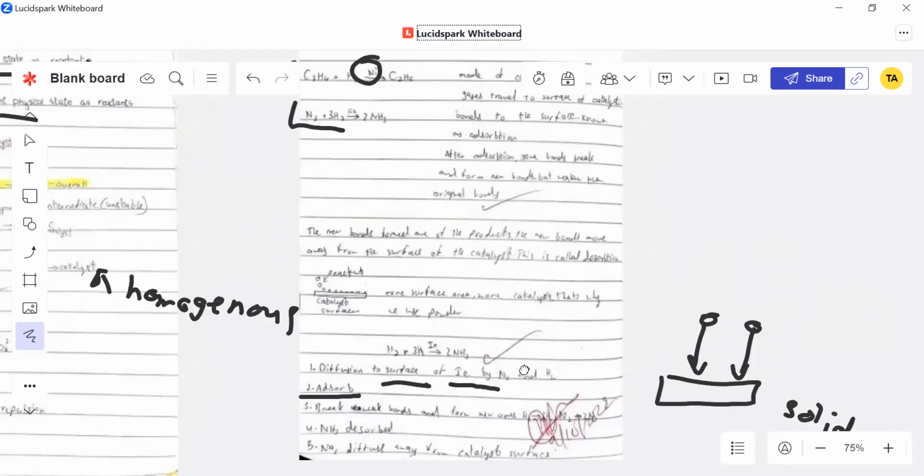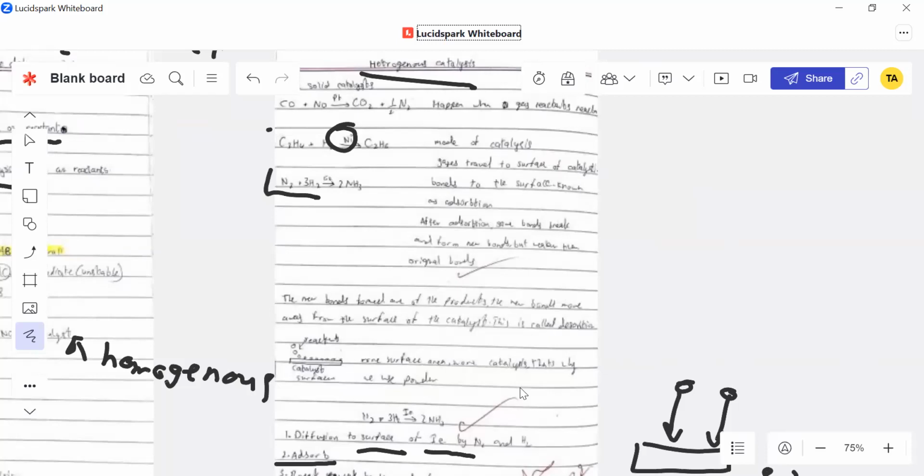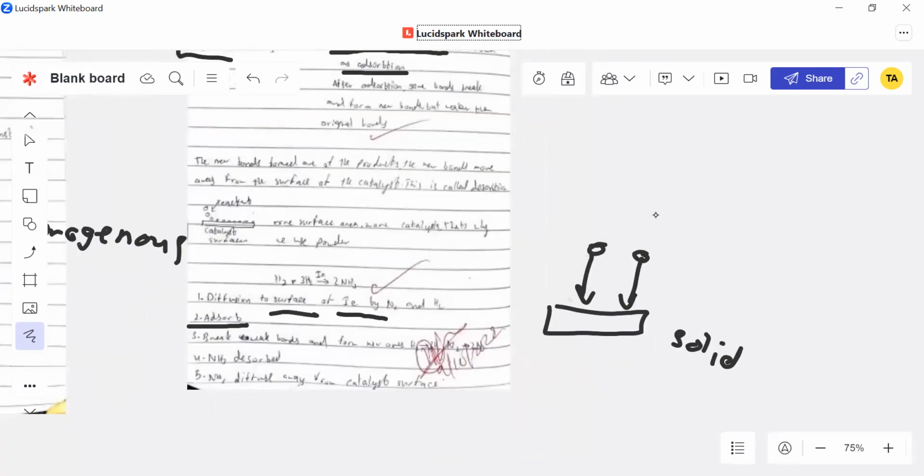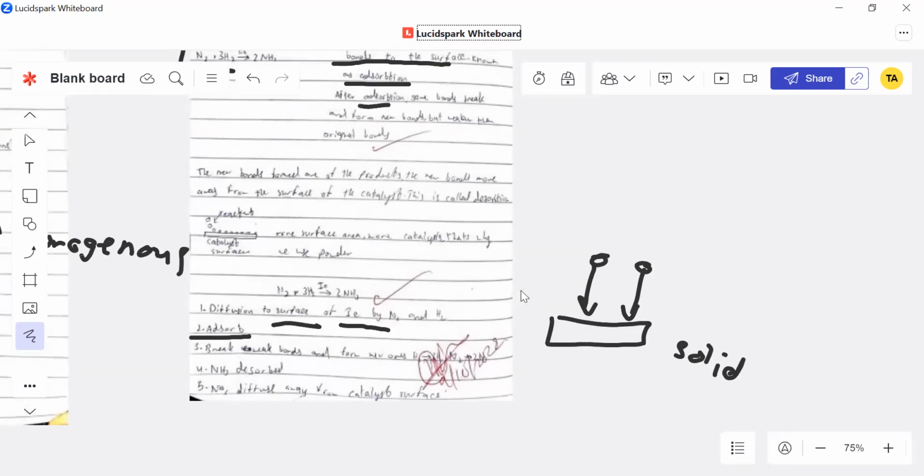So what is adsorption? The gases arrive at the surface of the catalyst, and they make bonds with the surface. This is known as adsorption. So the gases reach the surface and they make new bonds. After adsorption, the weaker bonds between the gas molecules will break and form new bonds.